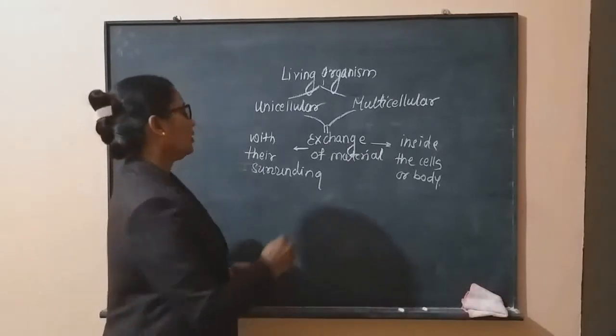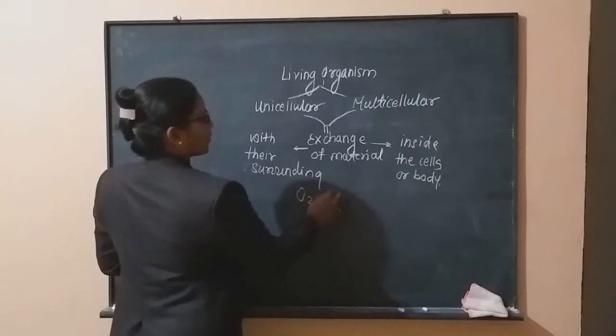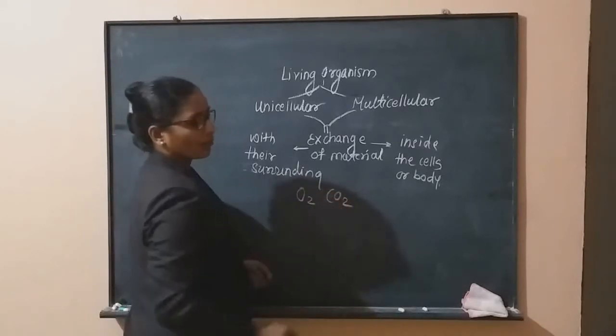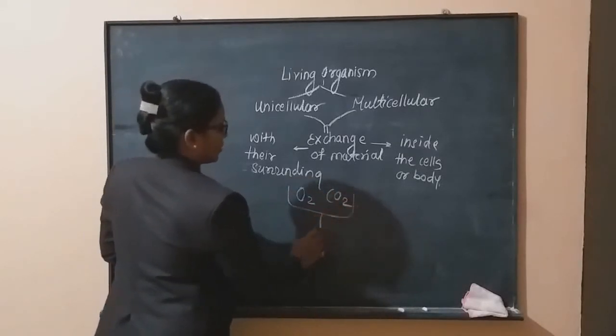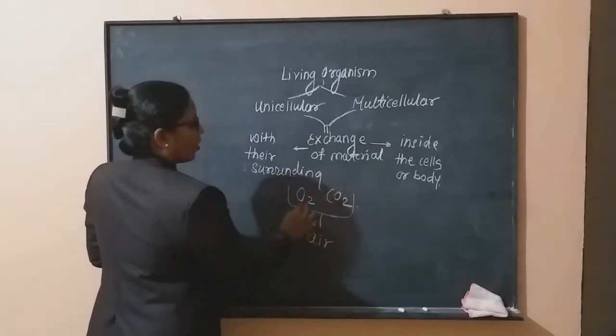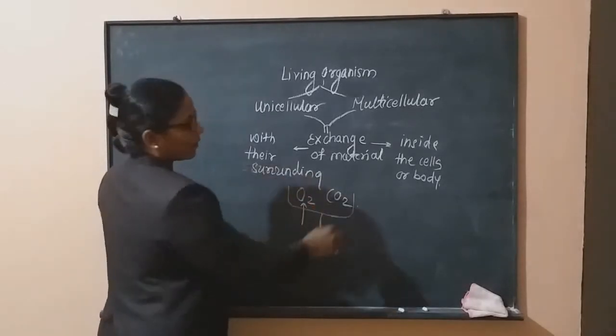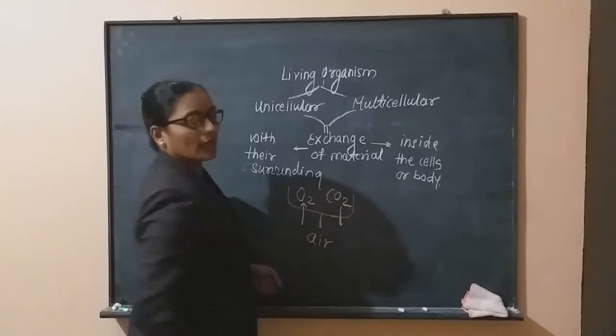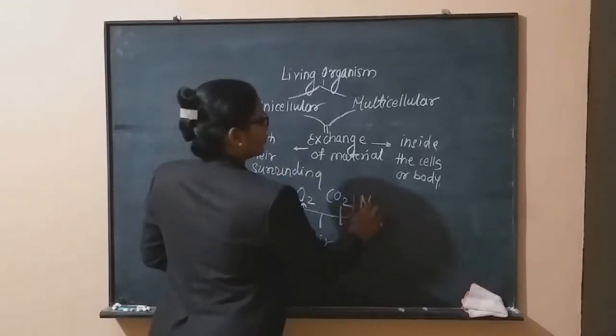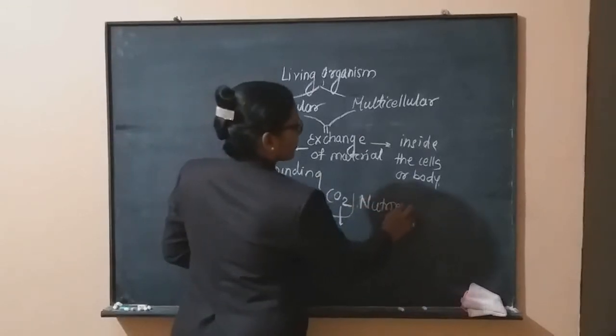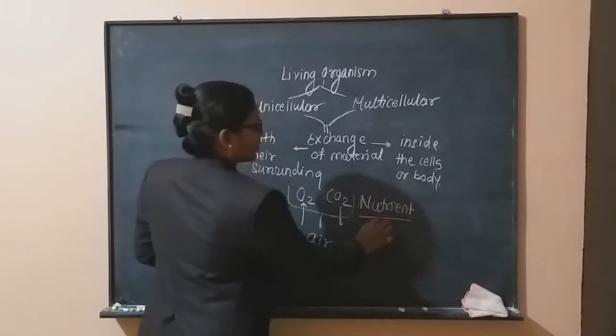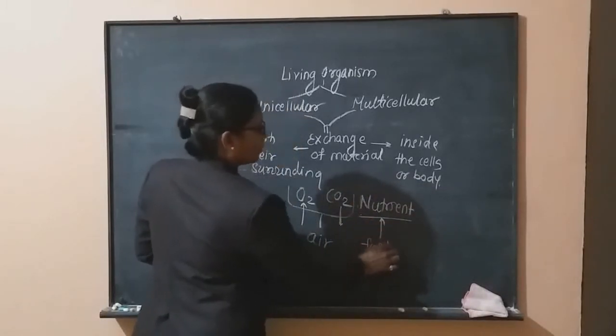For example, exchange of oxygen and CO2. That is gaseous exchange, these gases from air. Oxygen is taken in and CO2 is exhaled out. Also through the food, nutrients are taken. These nutrients are obtained through the food.